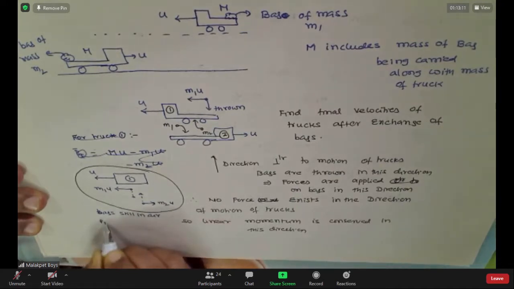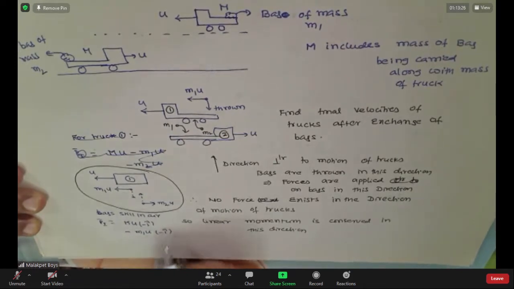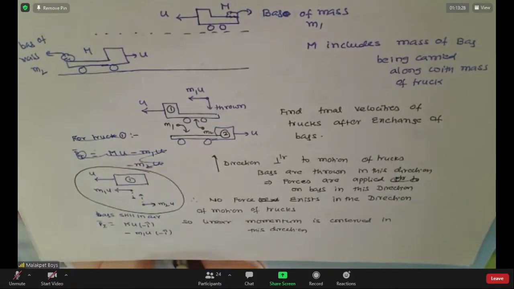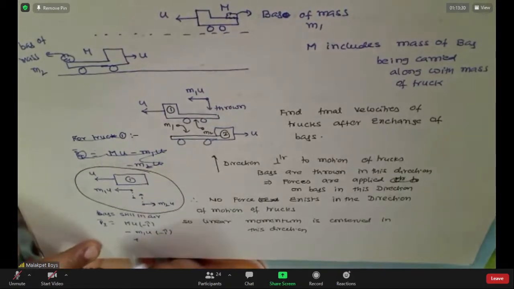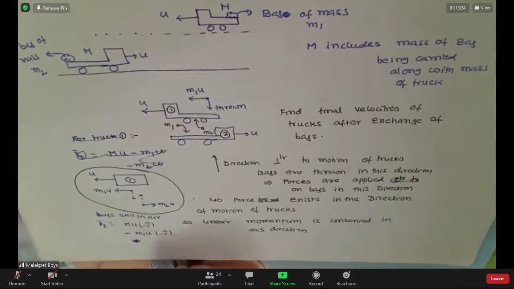Then what is the momentum? I am taking M1U along minus i. Do you agree with this? From that, you have to remove this, and you should add this because that is coming.